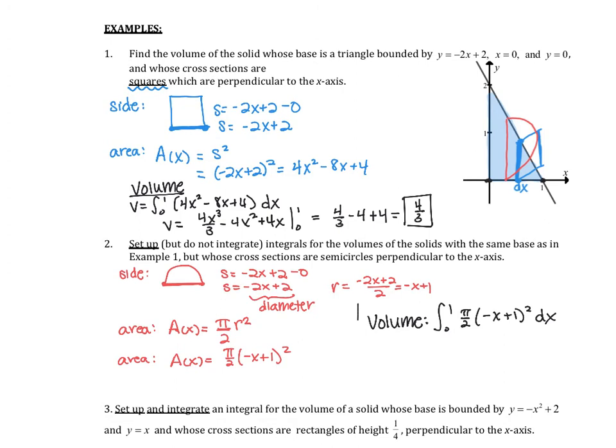This would be the volume formula for a solid that has a semicircle cross section. So when it's 3D printed, in the end, you'd see just tiny slices of semicircle all the way through. Okay, let's look at another one.